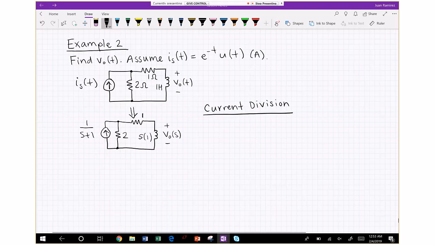And say the current through that inductor will be equal to the current source value times the opposite impedance all over the sum of both the impedances.